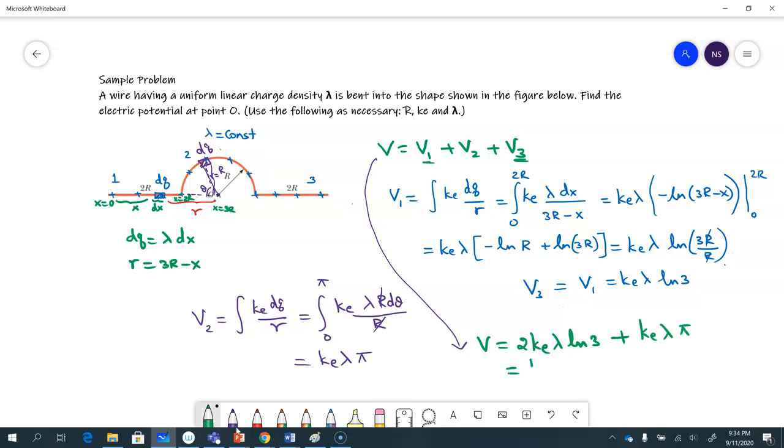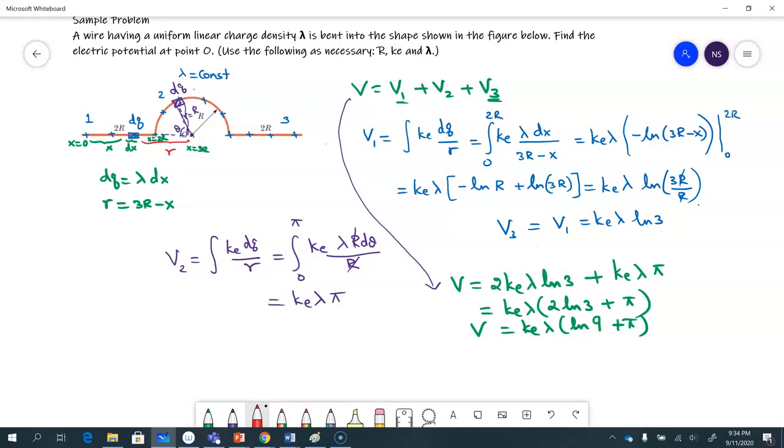Or I can clean it up a little bit: ke lambda times 2 natural log of 3, or I could have said natural log of 9, 3 squared, plus pi. So let me write it: ke lambda times natural log of 3 squared, or 9, plus pi. That is the electric potential due to this shaped charged wire.